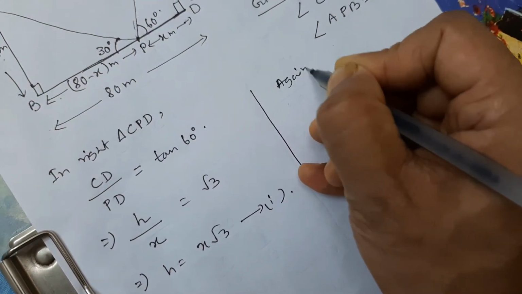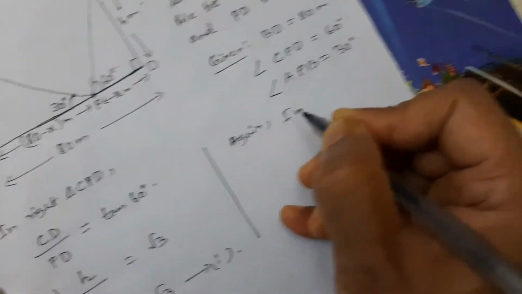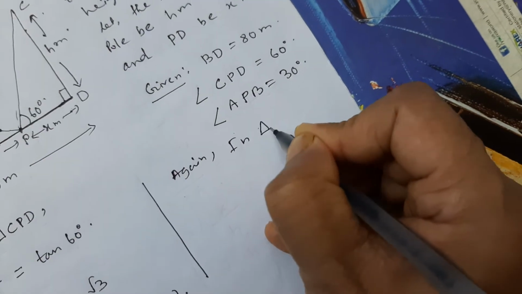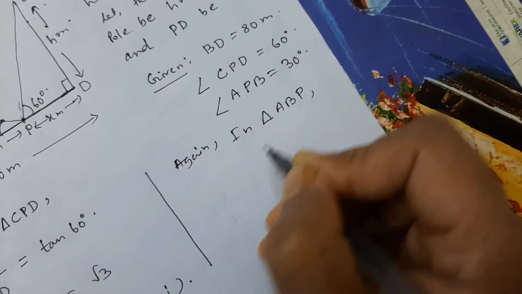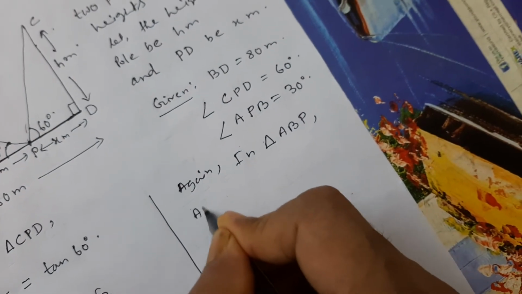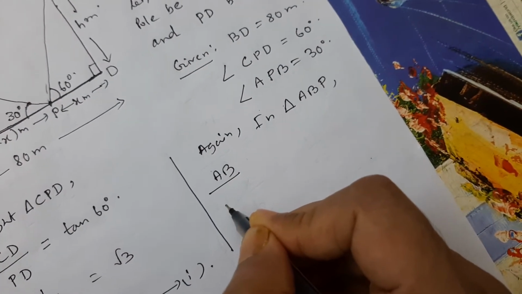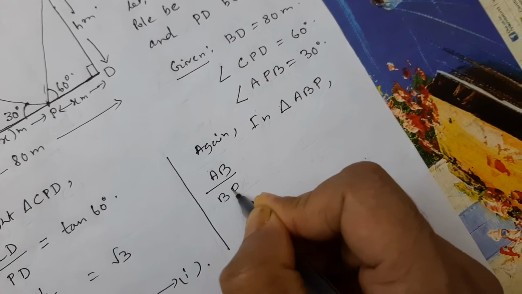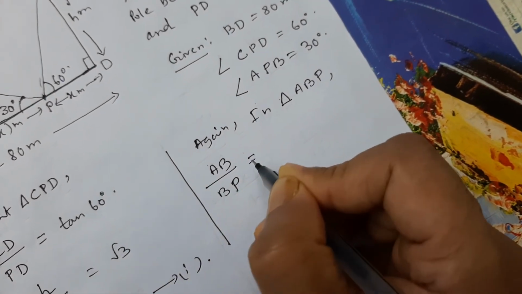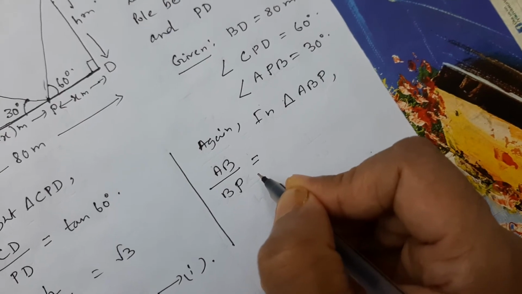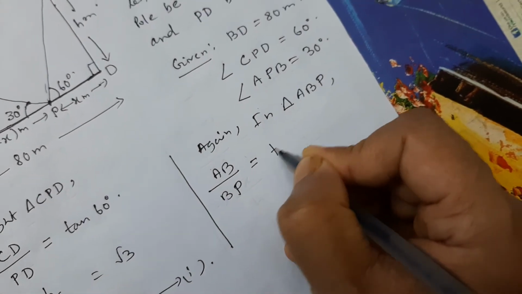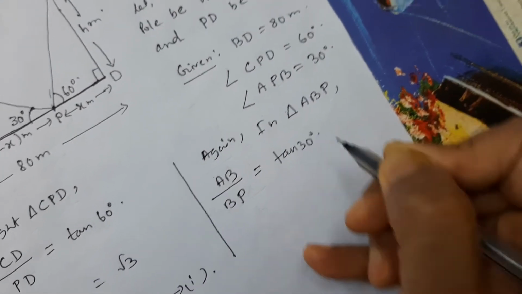Again, in triangle ABP, AB by BP. AB is perpendicular and BP is base. Angle is 30, so tan 30 degree.